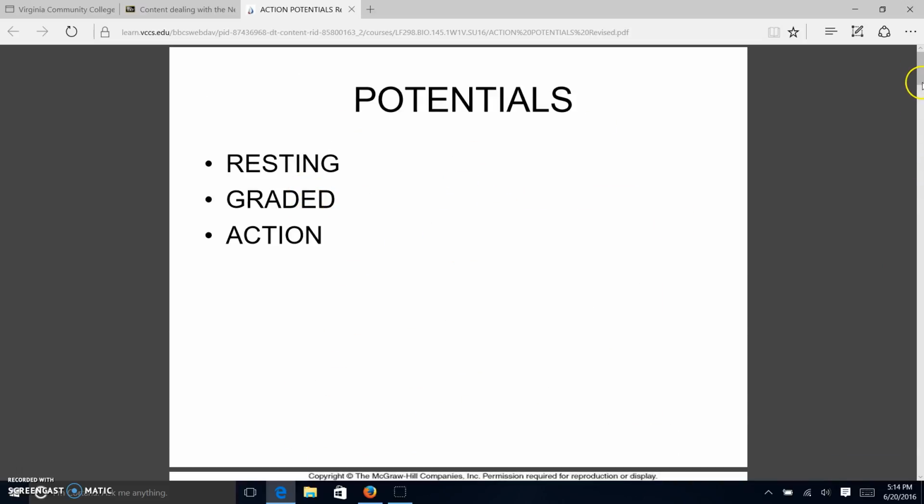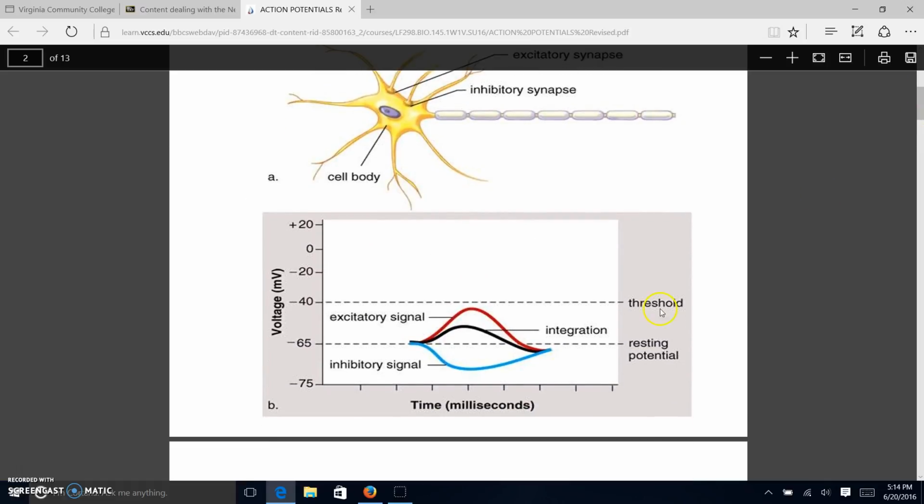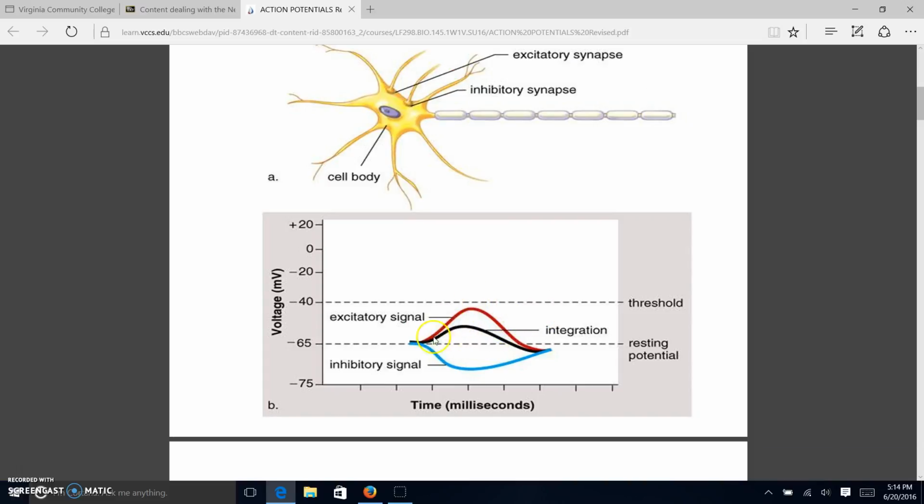Now, the graded potential's goal is to either reach threshold or prohibit reaching threshold. If we reach threshold, with our integration, or just our excitatory signal if we don't happen to have an inhibitory signal, but if we have both, it would have to be integration, then that takes us to our third potential, which is our action potential. This is like the trigger that allows the action potential to occur.